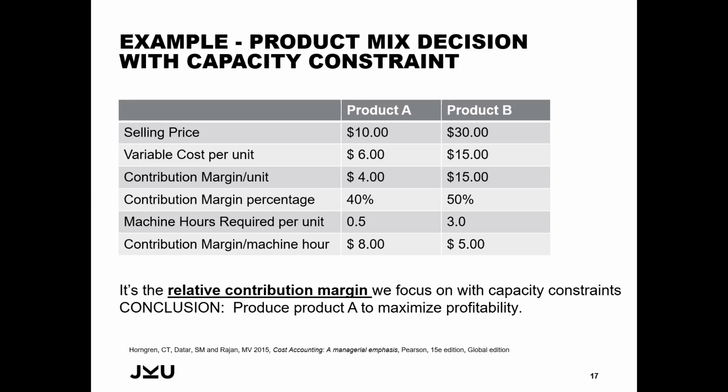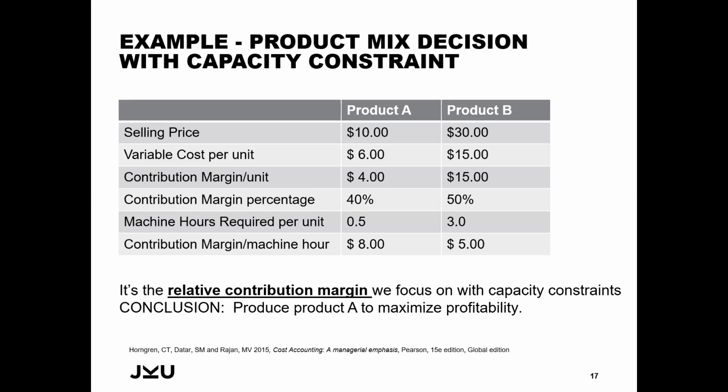It would be very easy for us to make a decision if we have capacity constraints on our production machine, that obviously we are going to produce sooner or even more of product B with a higher contribution margin than of product A.